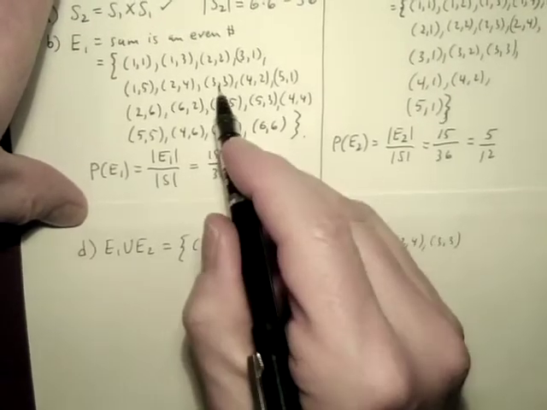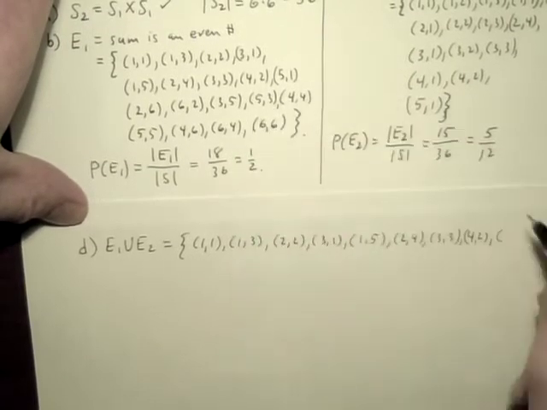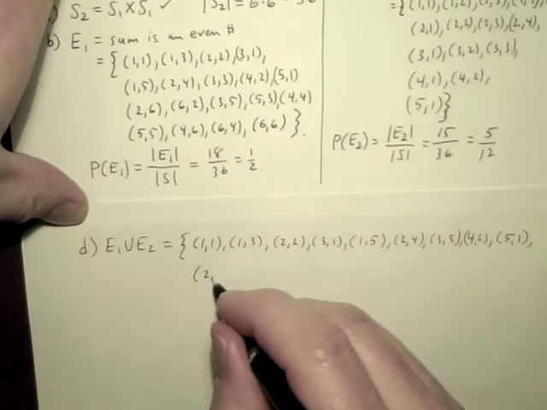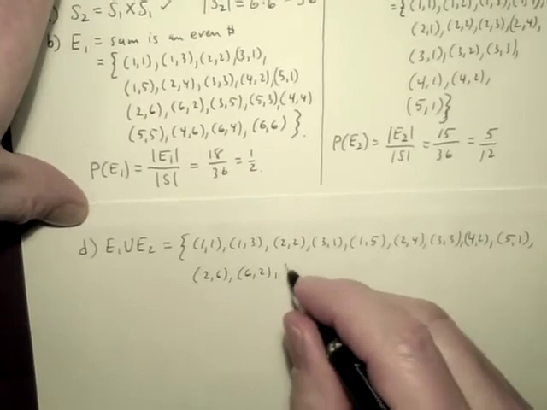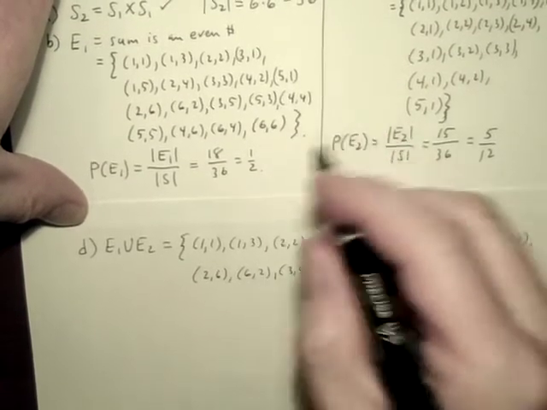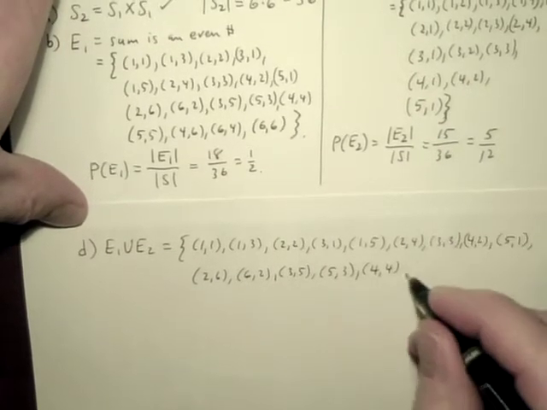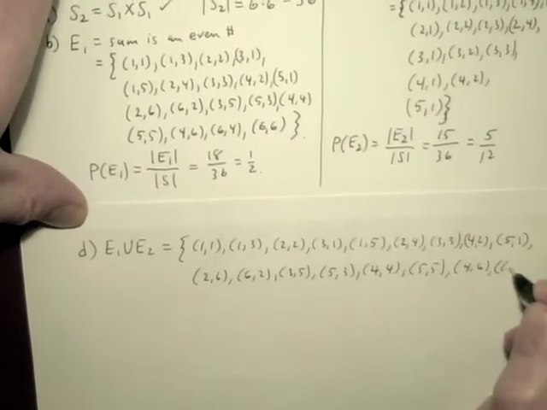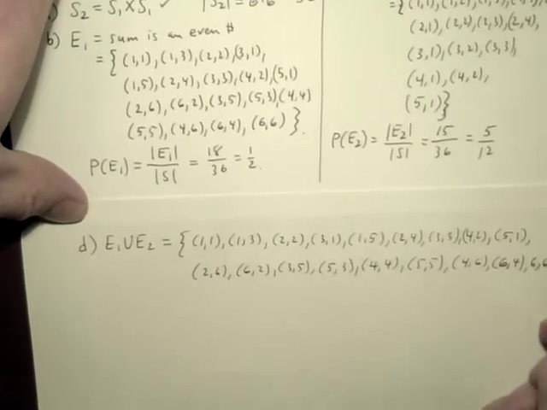I'm just copying them down here. 4, 2, 5, 1, 2, 6, 6, 2, 3, 5, 5, 3. I didn't mean to make you do this much work. I guess it's not that bad. I'm surviving. 4, 4, 5, 5, 4, 6, 6, 4, and 6, 6.